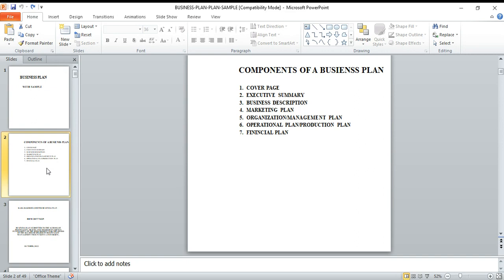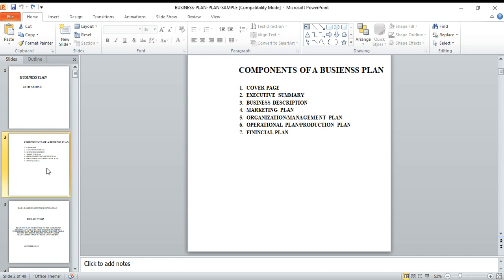Number two, vision and mission of the business. Number three, location, form of ownership, major activity of the business, major customers, justification statement, and goals of the business. So those important sections should be included in the business description.